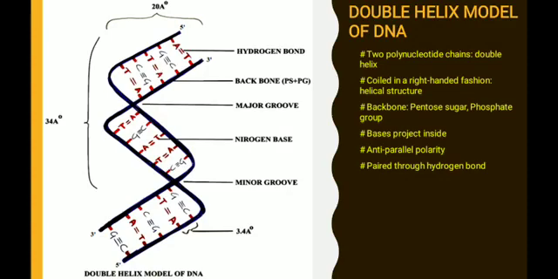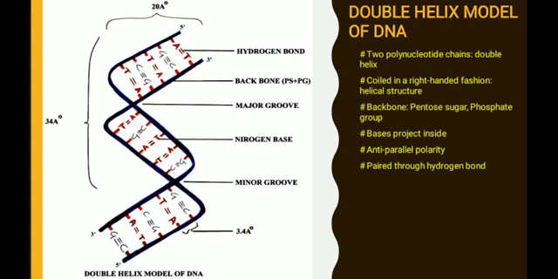And there is a specificity in the number of hydrogen bonds also. Between A and T, double bonds, and between G and C, triple bonds. So, always the hydrogen bonds are formed between the purines of one strand and pyrimidines of another strand, as well as the number of hydrogen bonds is also specific.